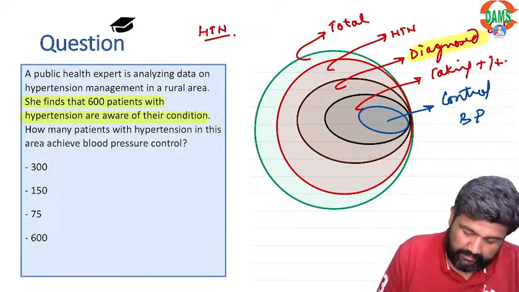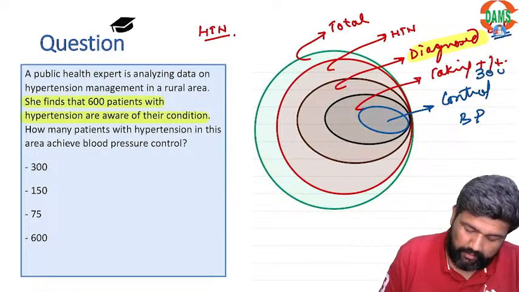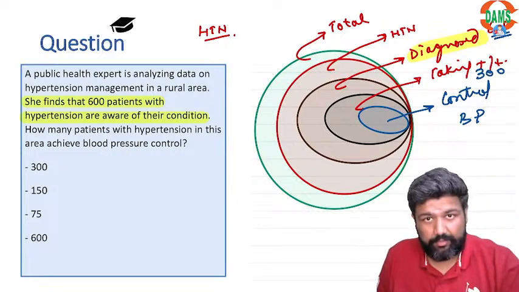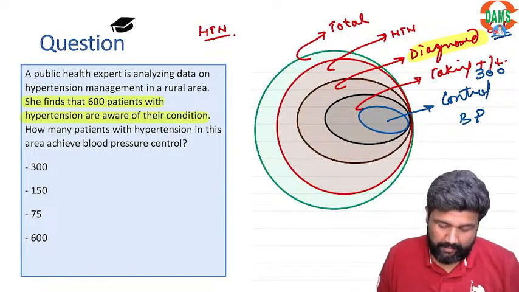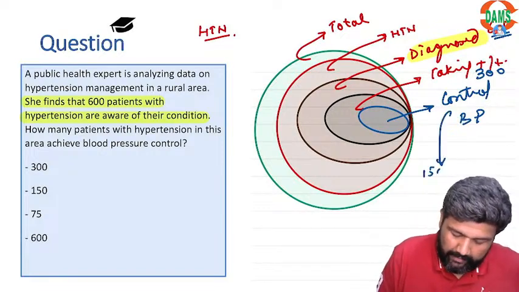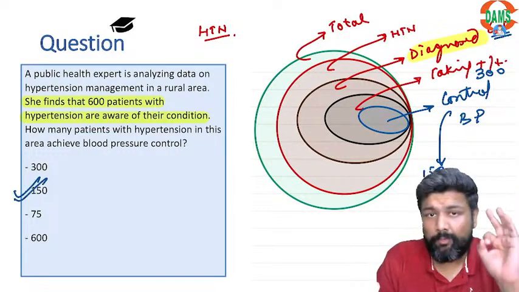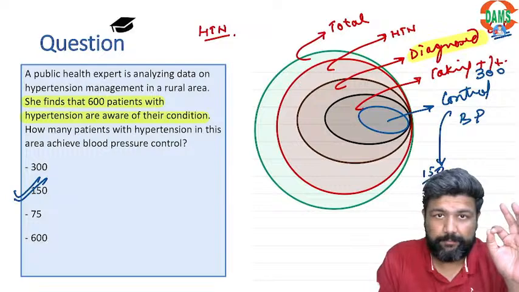So guys, this is 600, this is 300. So if 600 are diagnosed, 300 are taking treatment according to the rule of half, and only 150 is able to control blood pressure.